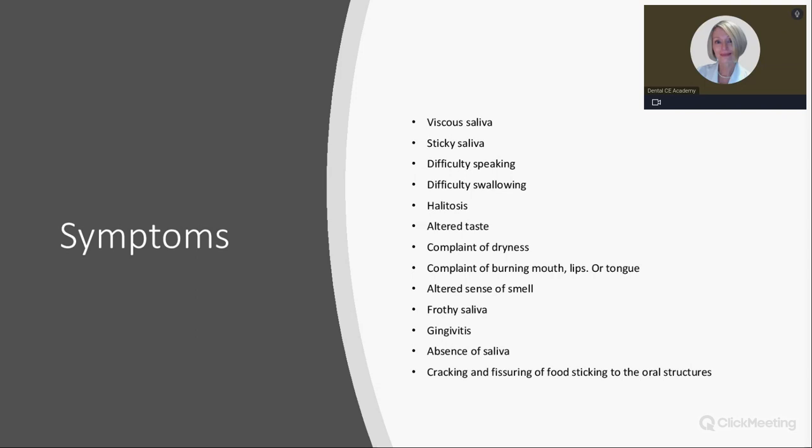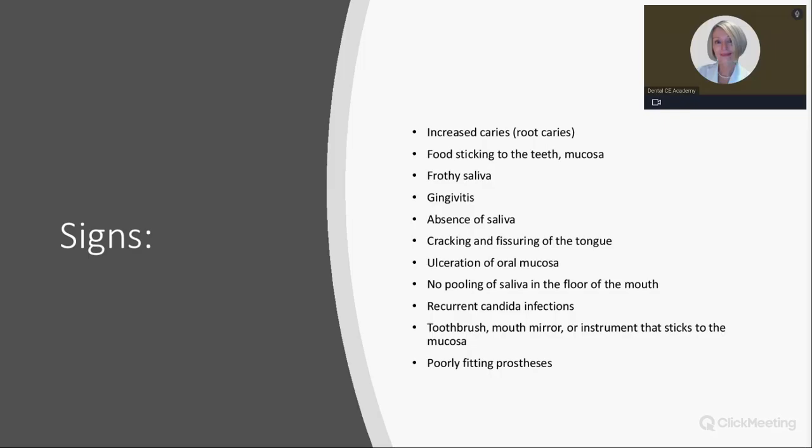Okay, symptoms again: viscous or sticky saliva, difficulty speaking or swallowing, halitosis, altered taste, complaint of dryness, burning mouth, lips, or tongue, altered sense of smell, frothy saliva, gingivitis, absence of saliva, cracking and fissuring, food sticking to the oral structures.